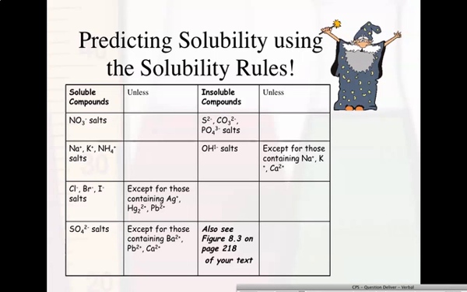Okay, insoluble. Doesn't dissolve. It's going to form a solid, which is a precipitate. Yeah, I use it for precipitate.